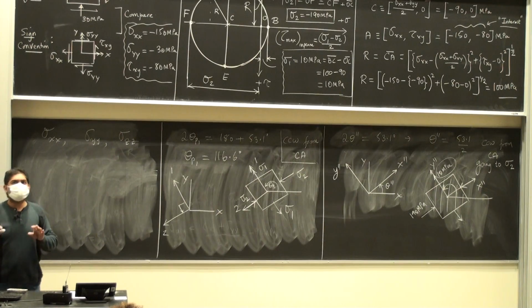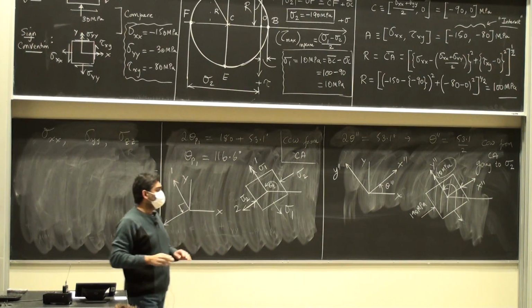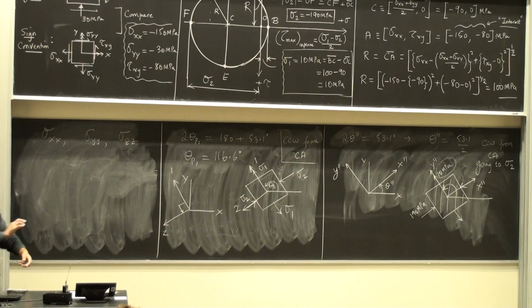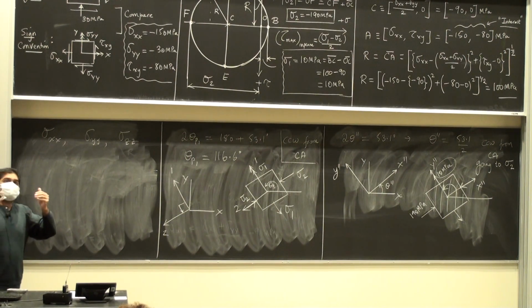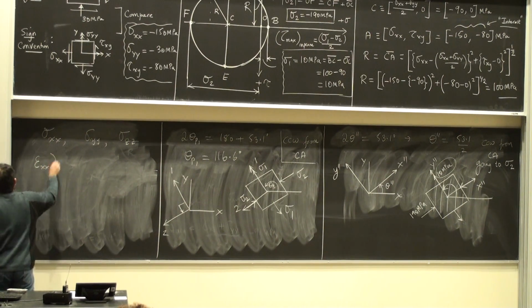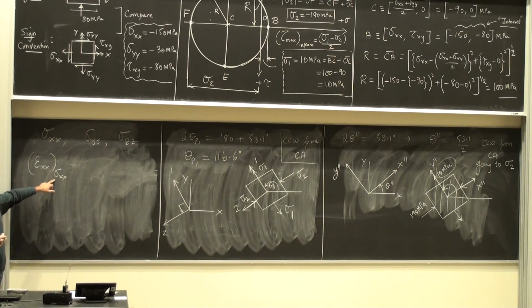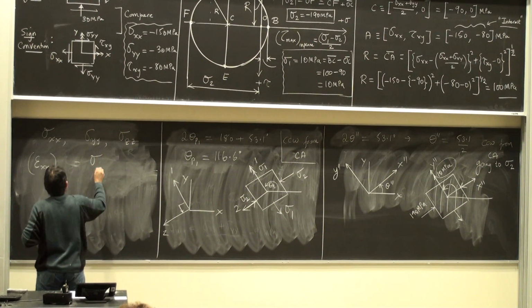We don't have sigma zz in any of our problems because we're assuming a plane state of stress, but just humor me. Let's assume there are 3 of these guys. Sigma xx is going to cause a strain epsilon xx. So this is epsilon xx due to sigma xx for a linear elastic isotropic material, so this is sigma xx divided by E.